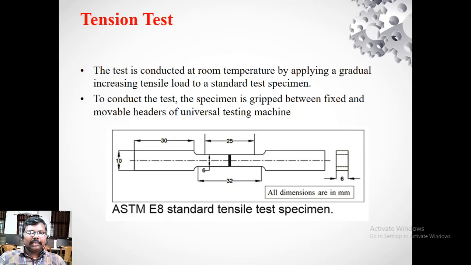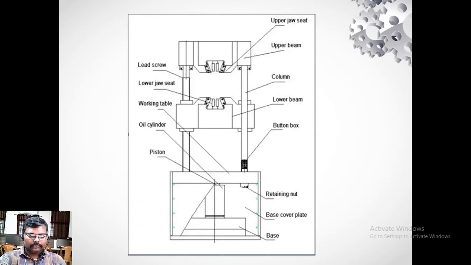To conduct the test, the specimen is gripped between the fixed and moving heads of the universal testing machine. This is the standard universal testing machine image.